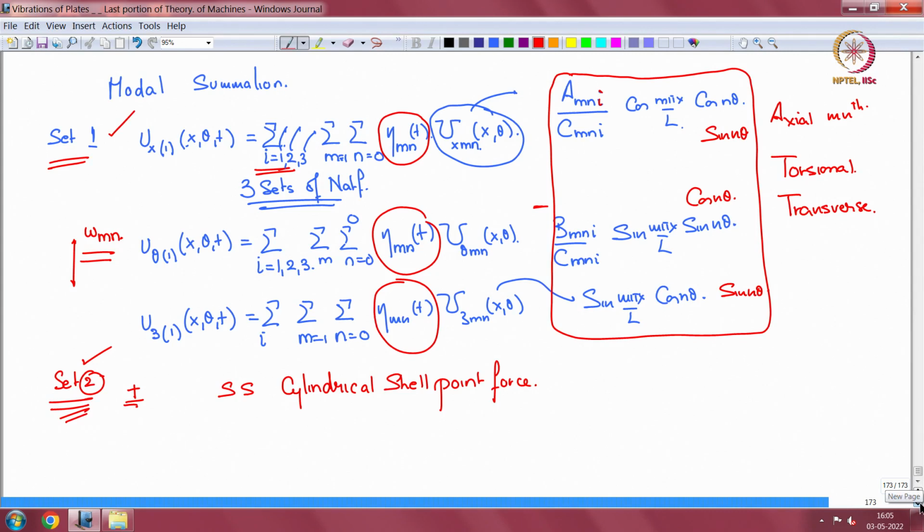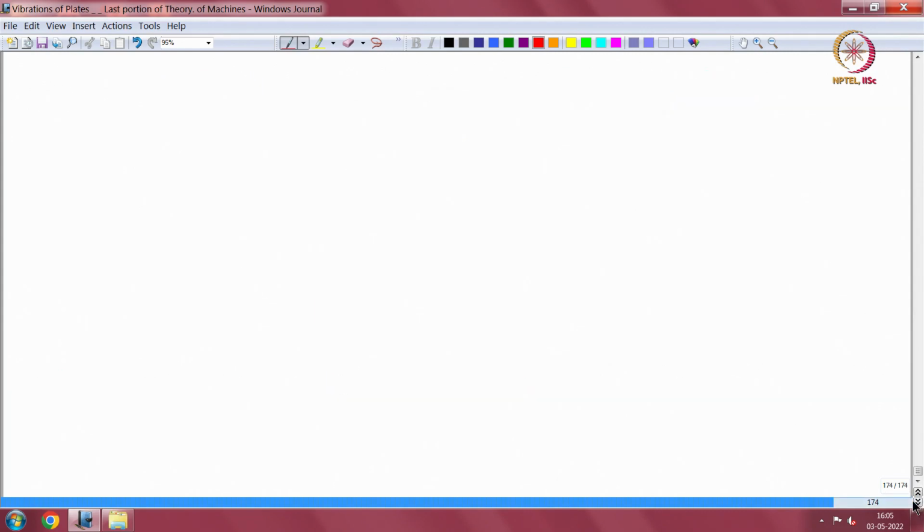Okay. So now, if you remember the form of the equations, we have L1, let us say, then U1, U2, U3, the spatial operator, minus lambda U1 dot, minus rho h U1 double dot is equal to minus Q1.